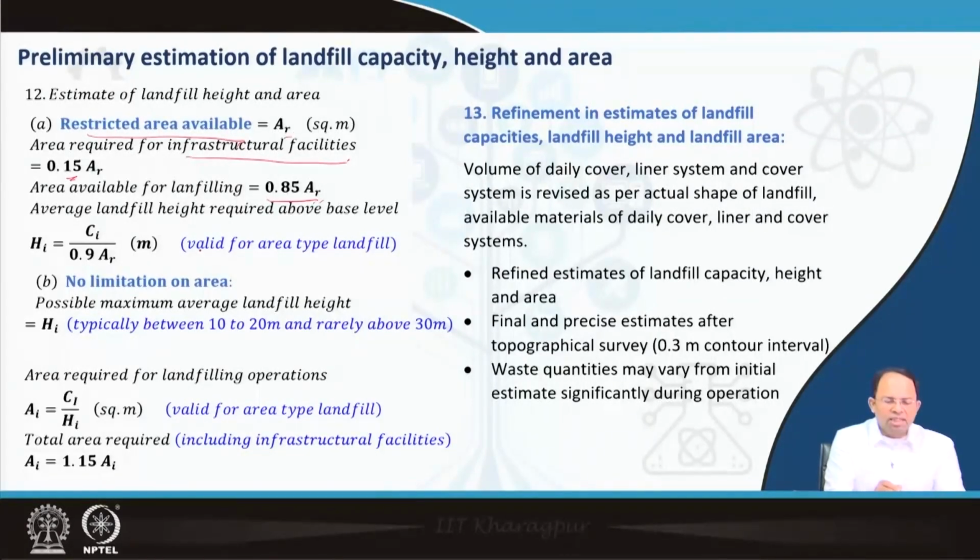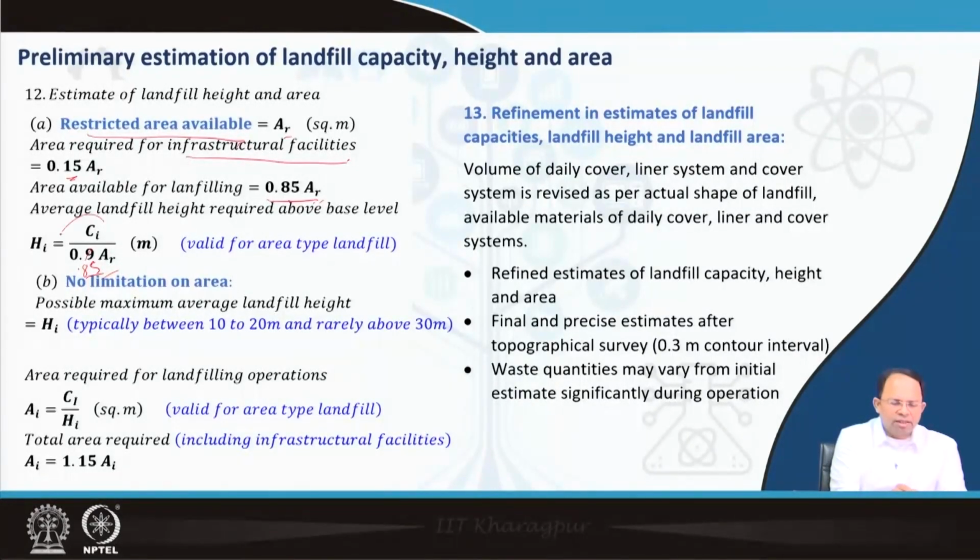So definitely the height of the landfill would be CI, which is the overall volume required, divided by 0.85 AR, right? Or instead of 85, we can take a little bit more because of compaction and all, but we better go with 0.85.